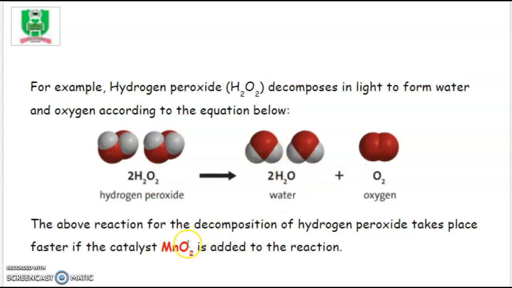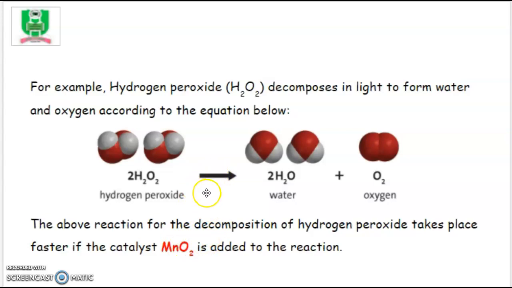Now, what has happened here is that the manganese oxide is acting as a catalyst, and it is providing an alternative way for the hydrogen peroxide molecules to react in order to form water and oxygen. And that new pathway that manganese oxide is providing has a lower activation energy.